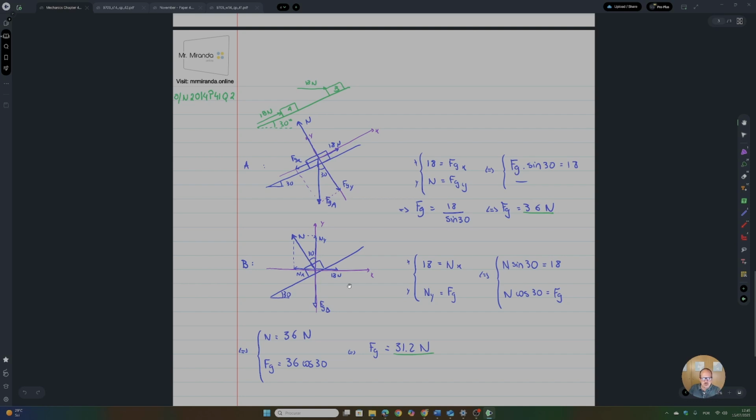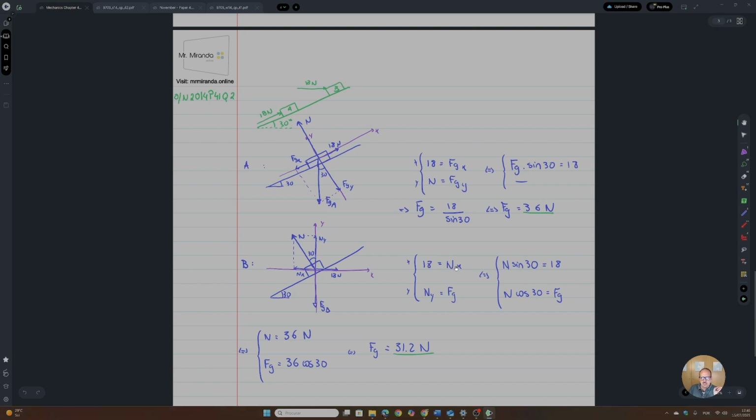The same situation is valid. All the components in the x and the y-axis must be equal. So now that you are decomposing the normal contact force, it is the horizontal component of the normal contact force that is equal to 18, and the vertical component of the normal contact force that equals the weight. That's what I have over here, and that's how I'll get the weight.